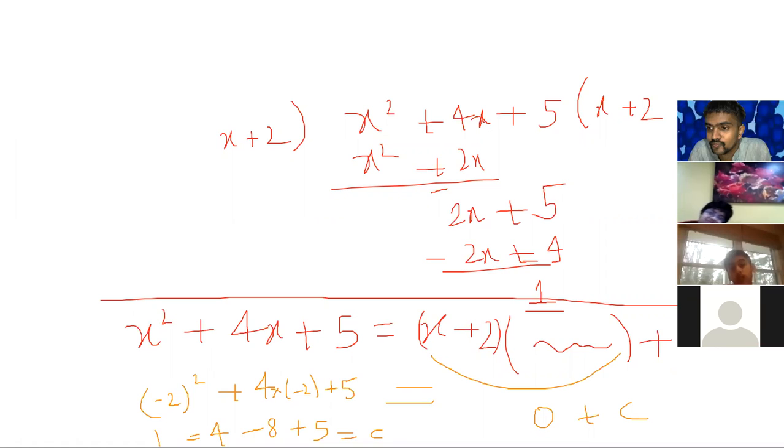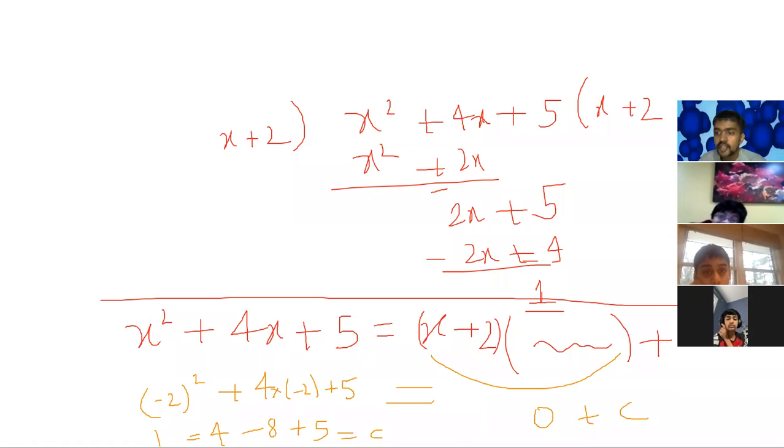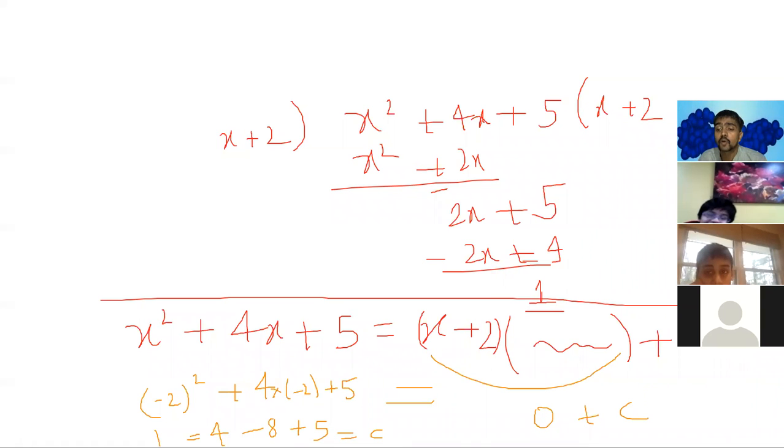Why am I especially interested in minus 2? Because then you're just getting rid of things so that you have c right there. It's true for any x, but when I put minus 2, that whole thing collapses.